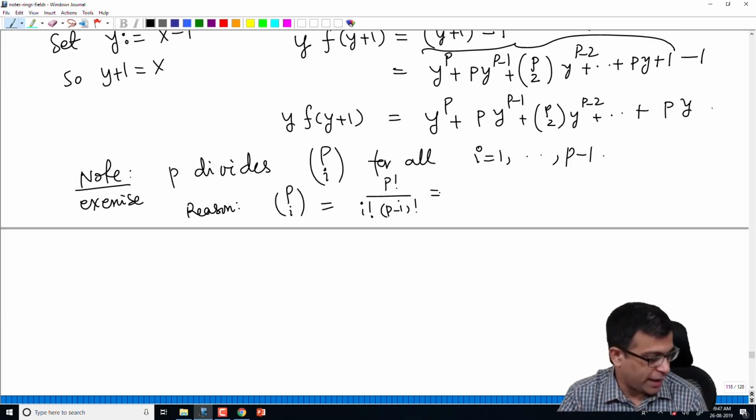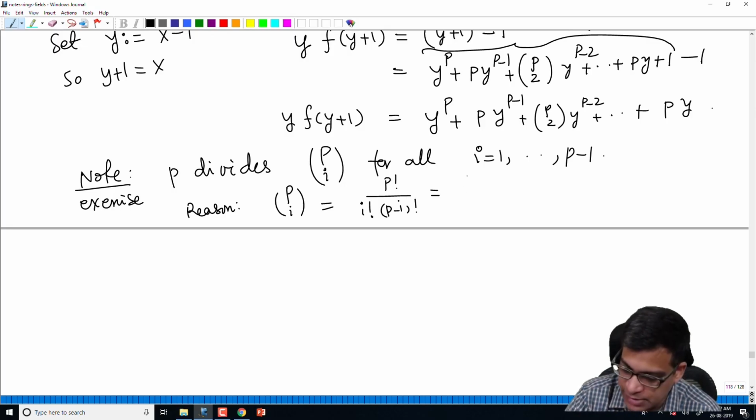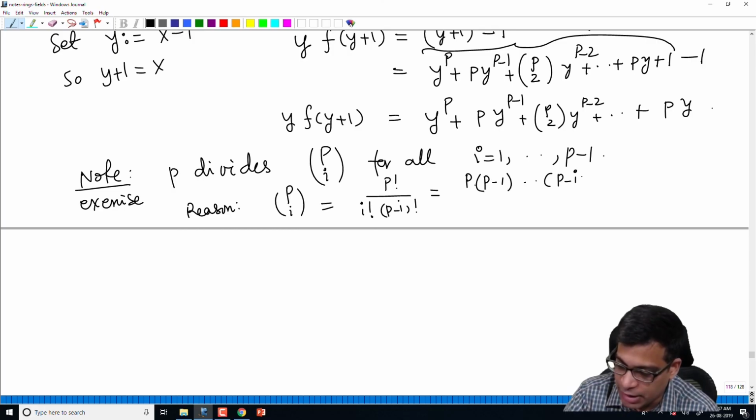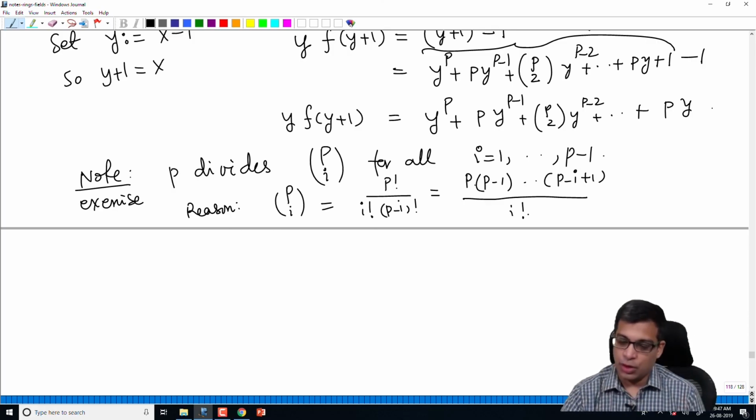So suppose you cancel p minus i factorial, you have p times p minus 1 up to p minus i plus 1 by i factorial, right? So I have cancelled p minus i factorial from numerator and denominator.